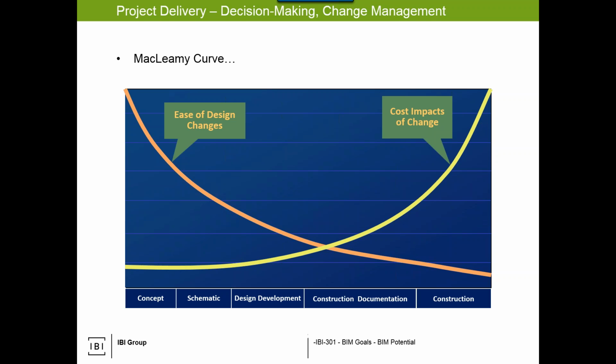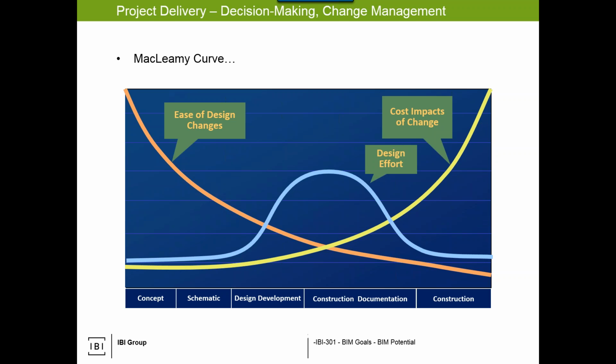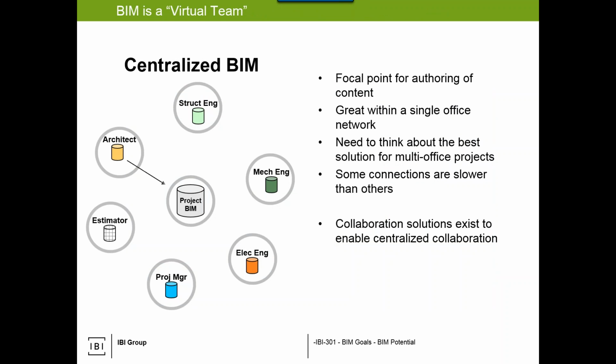Well, no, it's harder to do that, etc. So the design effort, that traditional curve, compress it, shift it, make more meaningful decisions during schematic design and design development, so that when you're in construction documents, it is a much smoother flow. And for those across the globe, I know that those phases are the AIA phases, but I'm going to have a matrix to talk about the project delivery in a moment here.